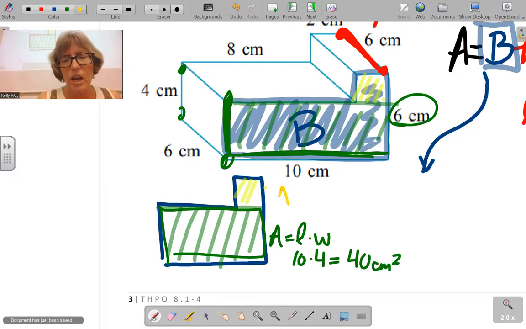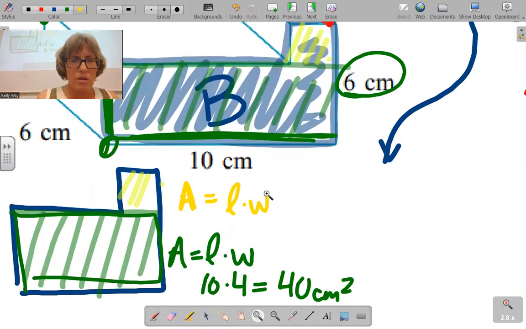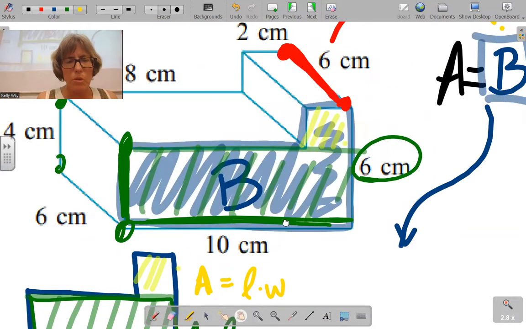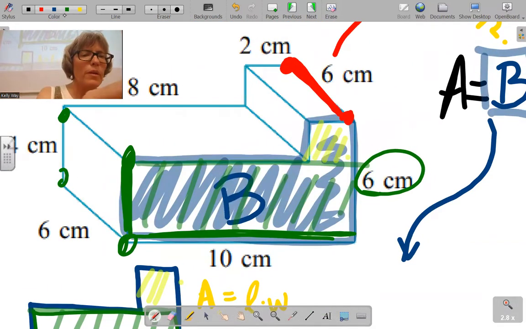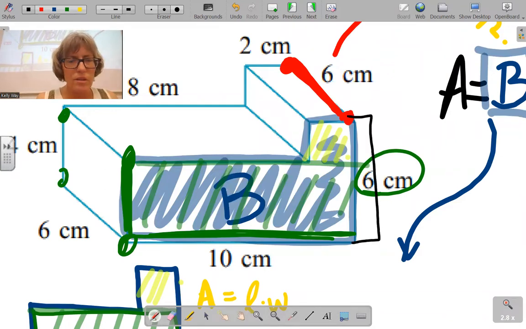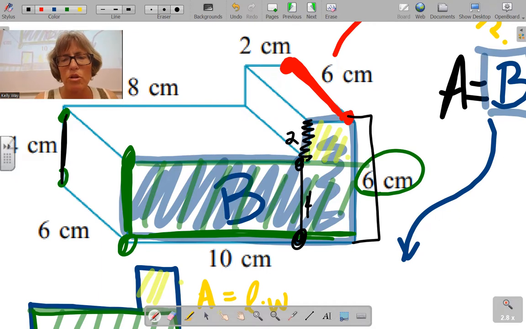Coming up here to the yellow, also length times width, but you have to derive it. So coming very close, watch. If this edge is 6, from here to here is 4. I get that from back here. That means this little squiggle here is going to be a 2. And then we know this, pulled from the back, is also 2.